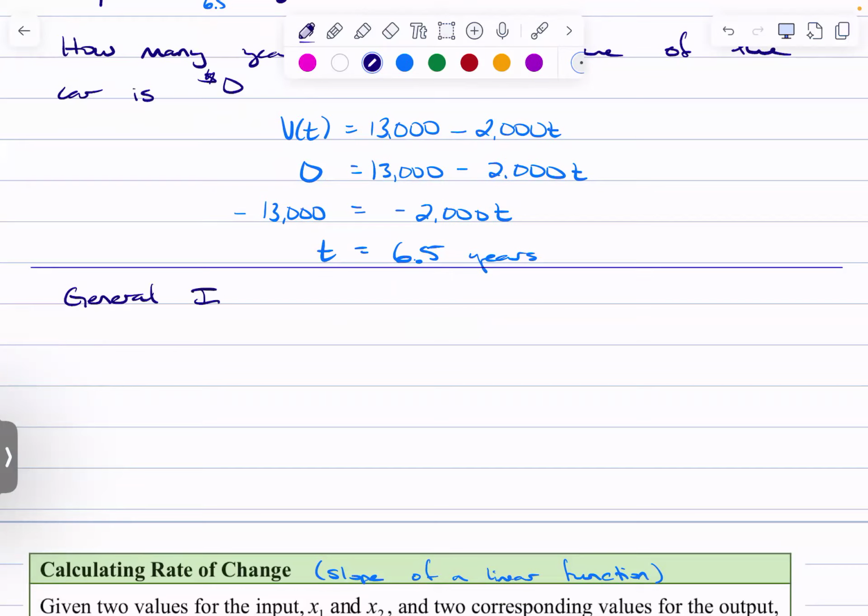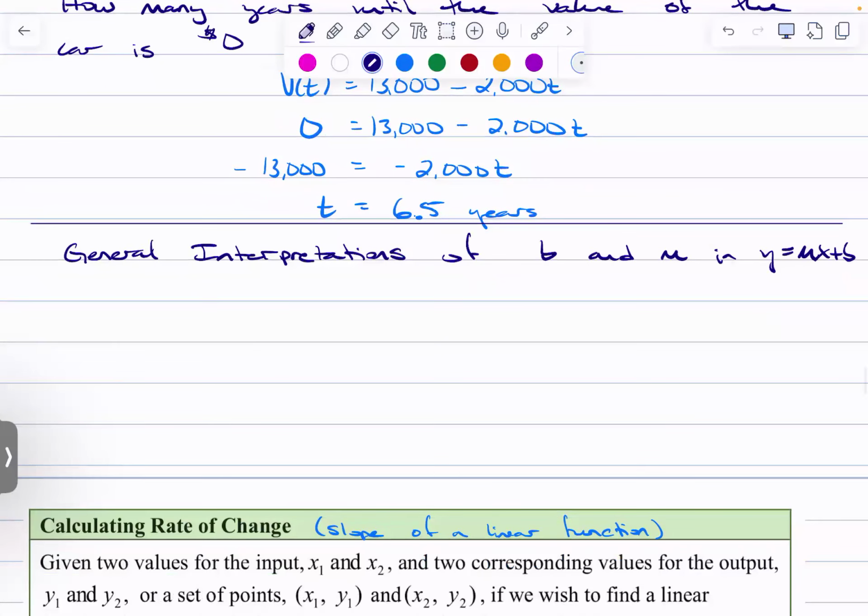The general interpretations of B and M in y equals mx plus b. We'll start with B. B is the y-intercept.